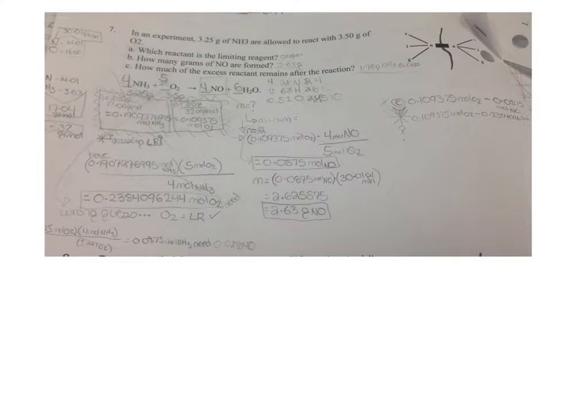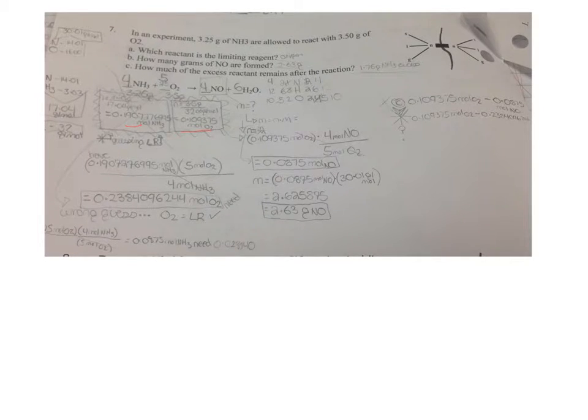All right, so far in this question, things look good. It's a limiting reagent question. Looks like you found the number of moles of ammonia, and you found the number of moles of oxygen.